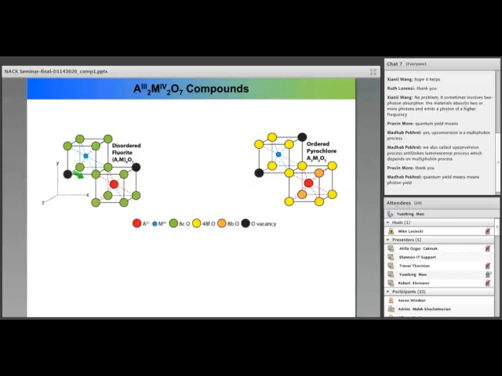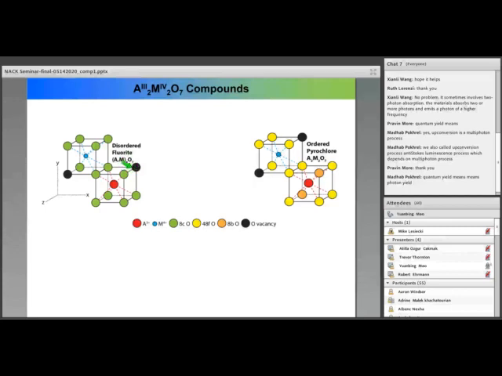One important thing about this type of compound is they are well known to have two types of structures. Basically, they are cubic structures. Because of this composition, there is the disordered fluorite structure, and the other one is called the ordered pyrochlore structure. The composition is exactly the same, but the difference is the oxygen vacancy and where it is located.